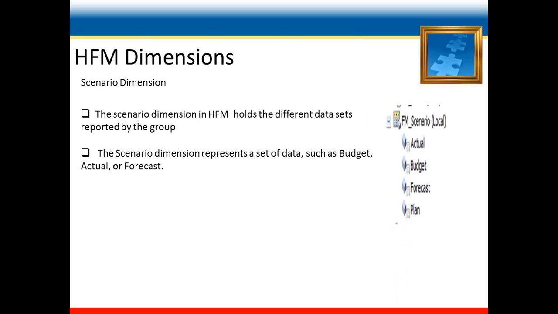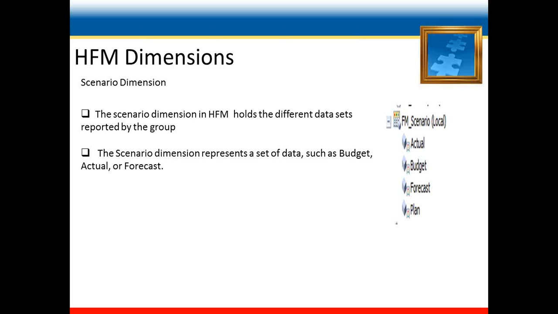The next dimension is scenario dimension. The scenario dimension in HFM holds the different data set reported by the group. The scenario dimension represents a set of data such as budget, actual, or forecast.